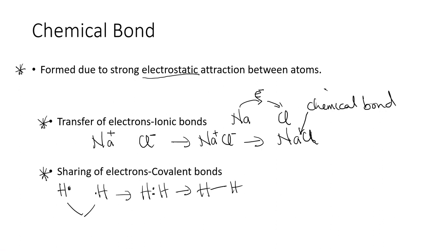A chemical bond that is formed through sharing of electrons is called a covalent bond.